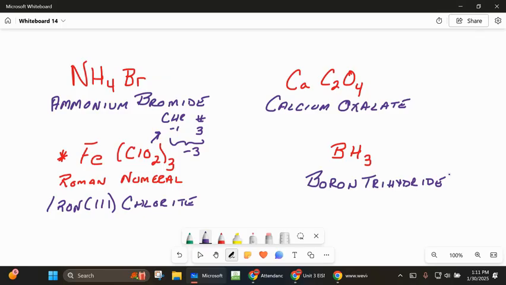Now, we will put a prefix in this name for sure, at least in the middle of it, because you will describe how many of the second element there are, even if there is only 1 of them. You will use mono for the second element, just not for the first. So you are always going to see a prefix, like tri, when you are writing a covalent compound.